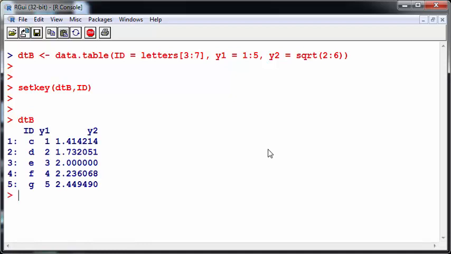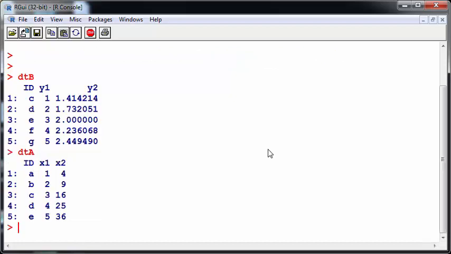The numeric variables have different names here. In data table A it was x1 and y1, and in data table B it's x2 and y2. But the primary key is ID in both cases.